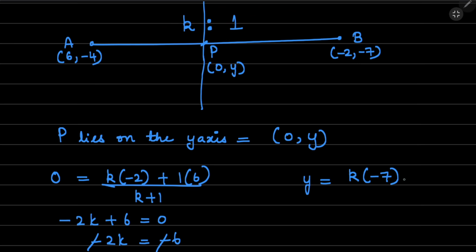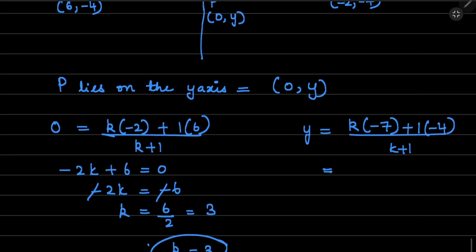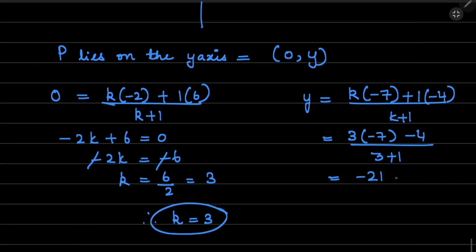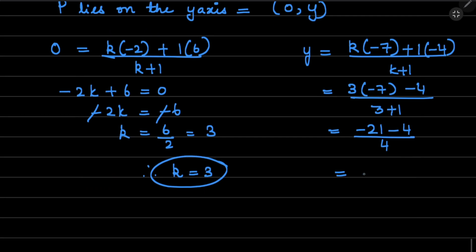You look at only the y coordinates. You already know k, so just replace k with 3. So 3 into -7 minus 4 divided by 3 plus 1. Minus 21 minus 4 divided by 4. So minus 25 by 4 is your y value.